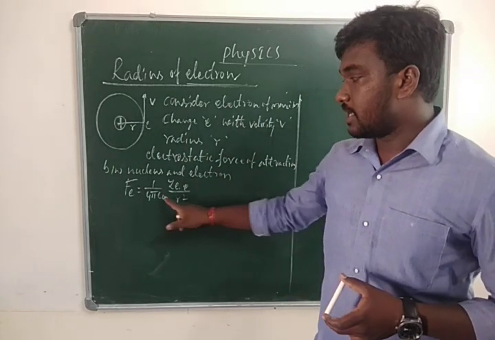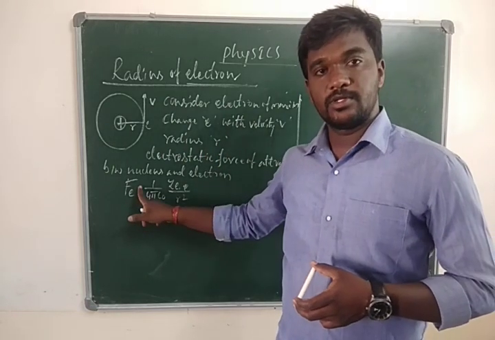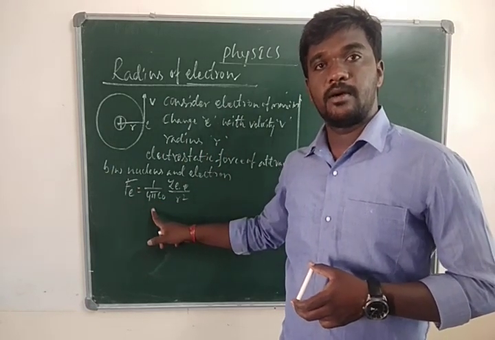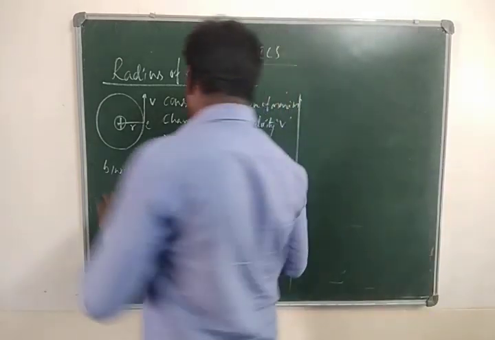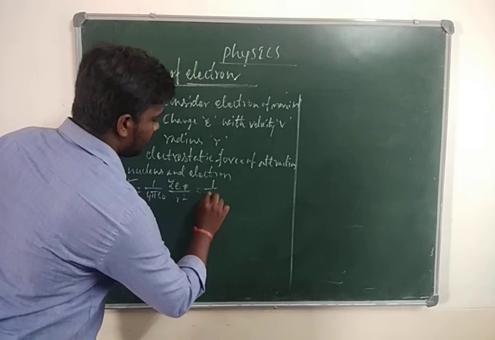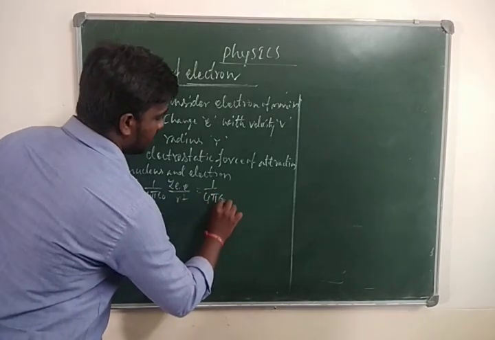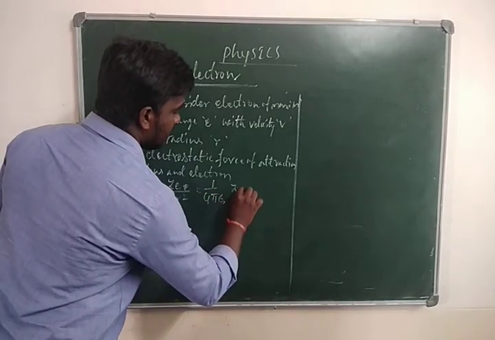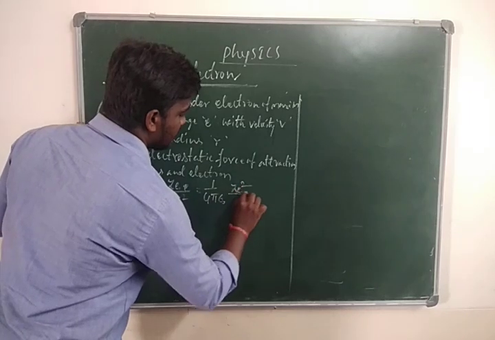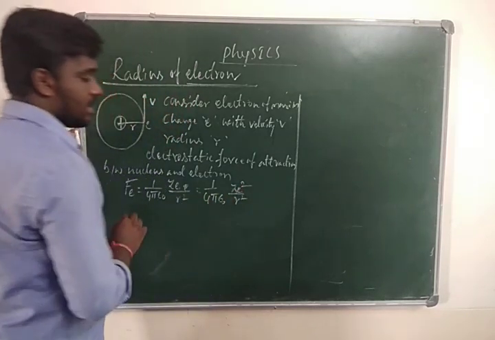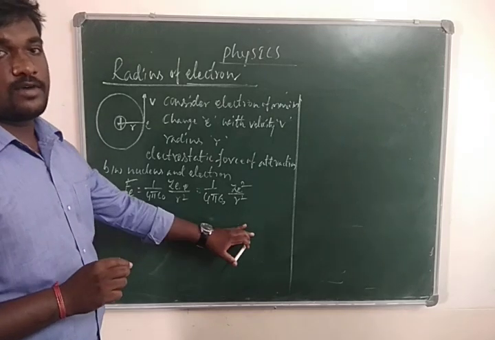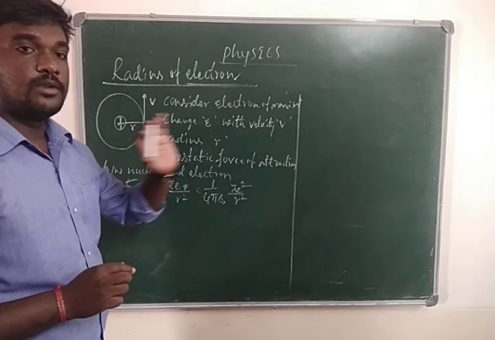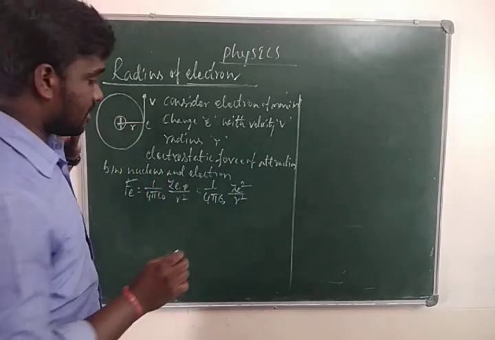So Fe is equal to 1 by 4 pi epsilon naught, Ze square by r square. This is the electrostatic force of attraction between the nucleus and the electron.